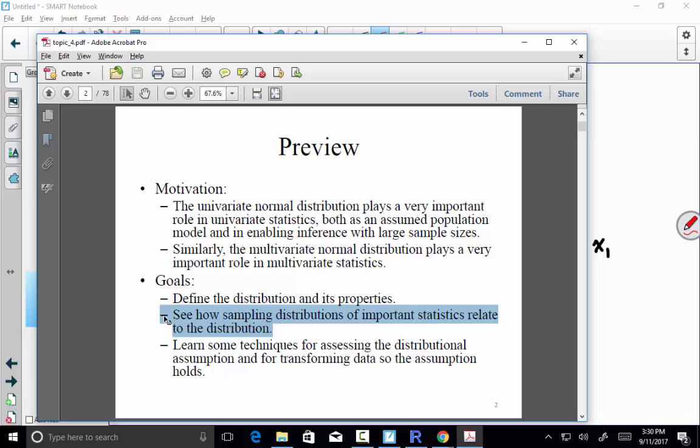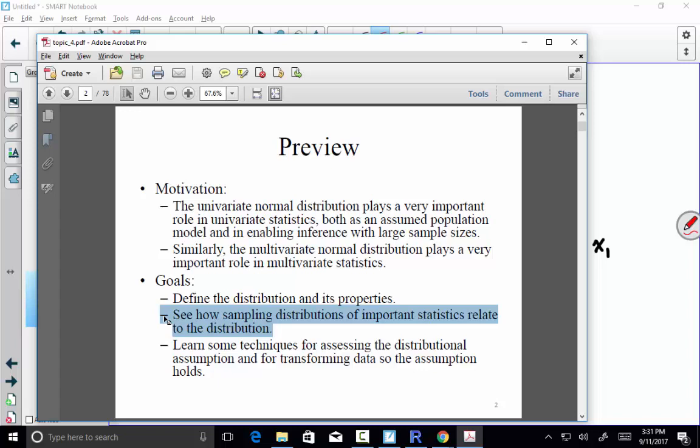And what's nice is that in many cases, the sampling distribution of a statistic has a known form, at least approximately. And in many cases, it's normal. If you know the sampling distribution for a statistic, you can get confidence intervals and p-values. And it's nice that for many things like a sample average, if you have a large enough sample size in particular, the sampling distribution of an average is approximately normal.